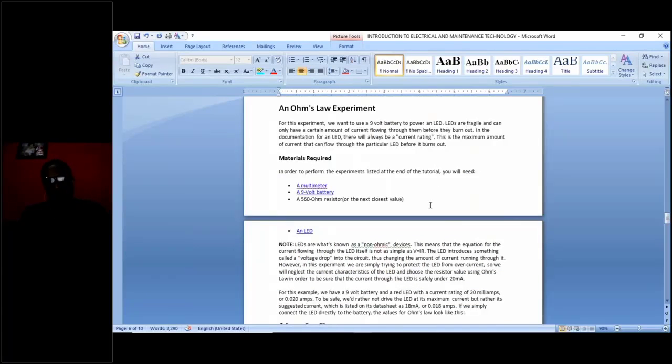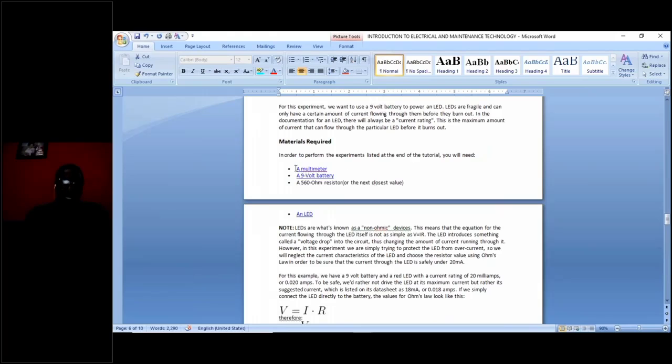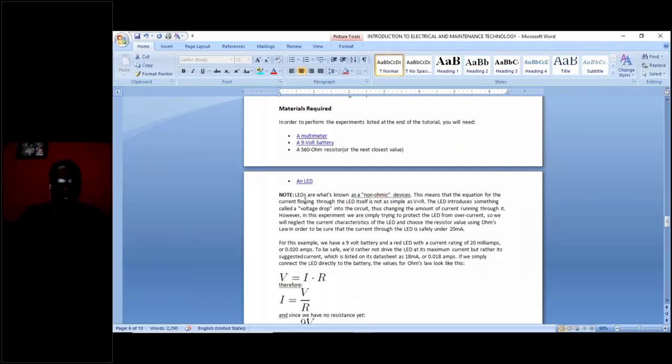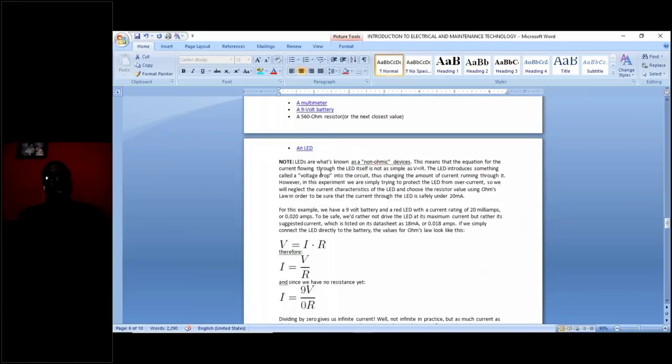So in this experiment, the materials we require are a multimeter, to measure the amount of current flowing through a circuit, a 9-volt battery, a 560 ohm resistor, and an LED. So LEDs are what's known as a non-ohmic device.